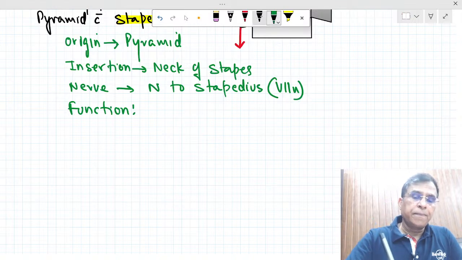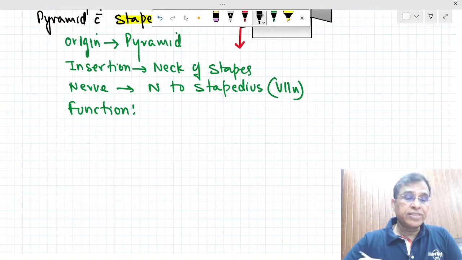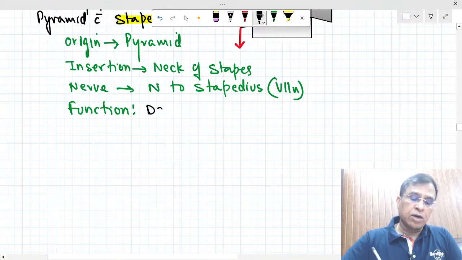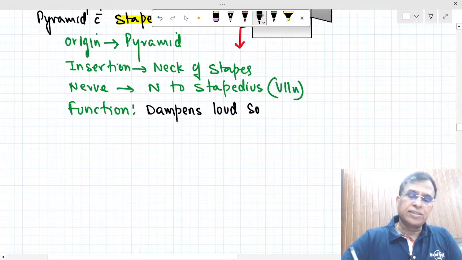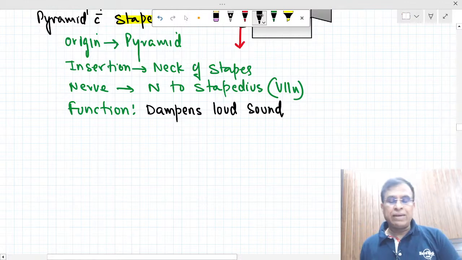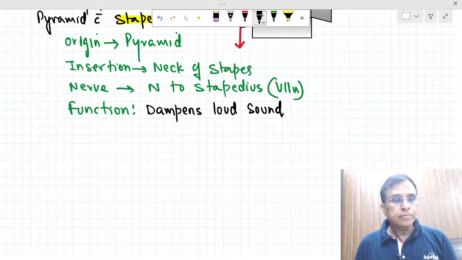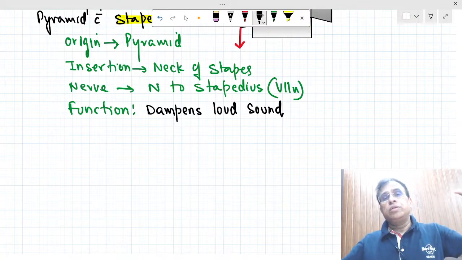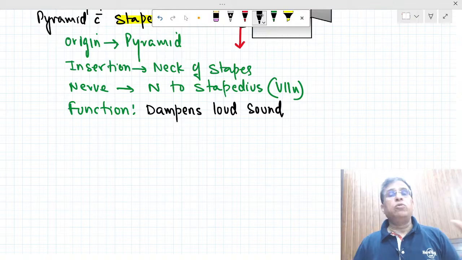You have to say, the better way of saying is what Avi Mittal is saying. Dampens loud sound. It dampens loud sound. This is the function. Dampen means it decreases the loudness of the sound. If the sound is too loud, it will make it less loud.